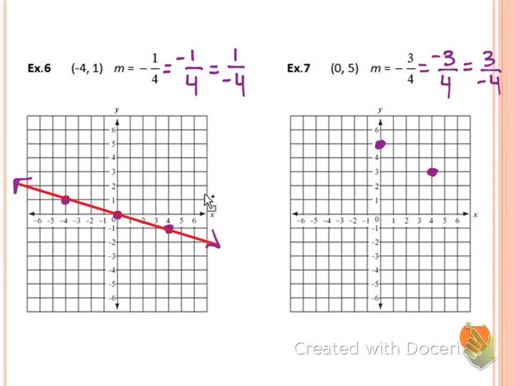And on this particular problem, we can't really fit another point on the graph that they gave us. We could go down 3 again, but then we can't quite go over 4. We could try to go up, but we can't go up 3 to go left 4. So this one, really, if you only get the 2 on there, it's okay.